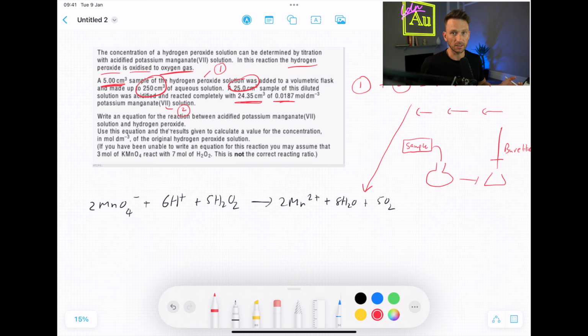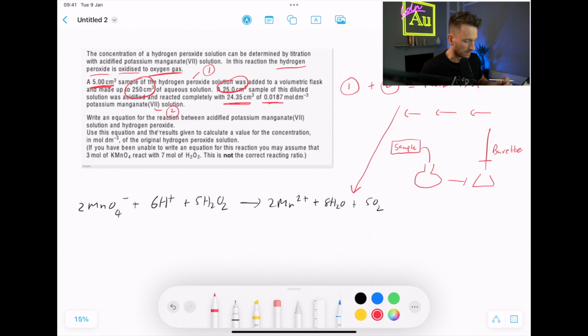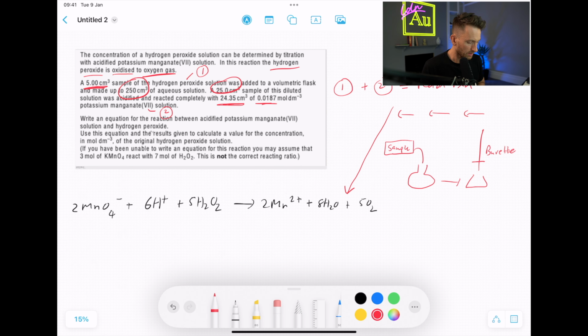Okay. First thing I need to do is work out the moles of the potassium manganate. So just to show, this is the end, this is the start.